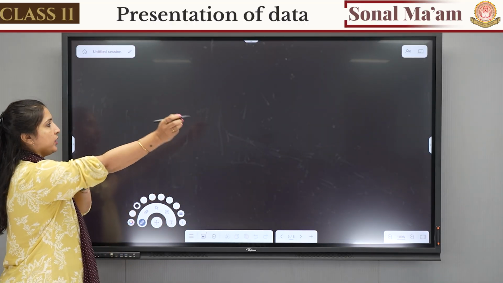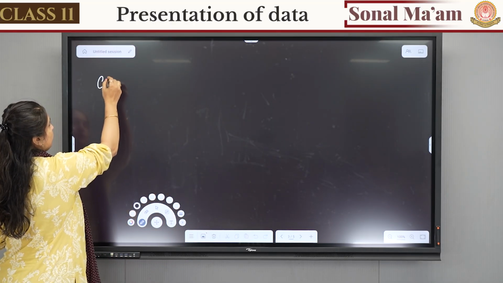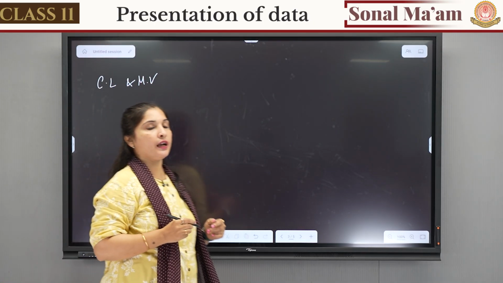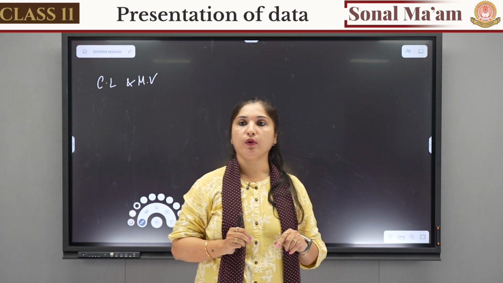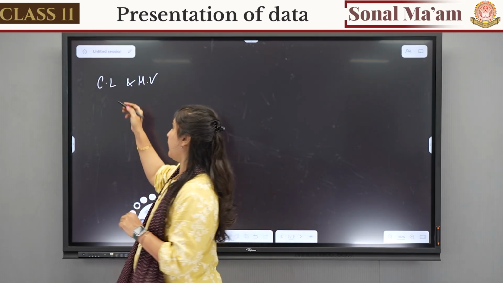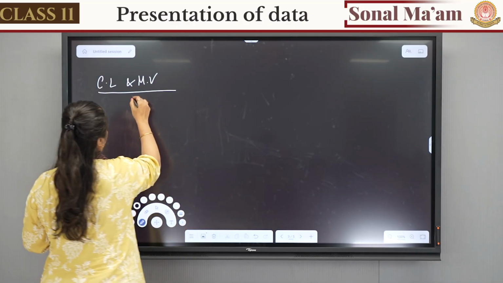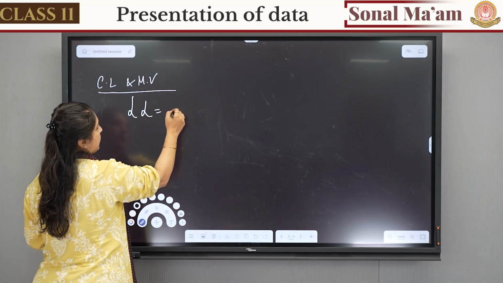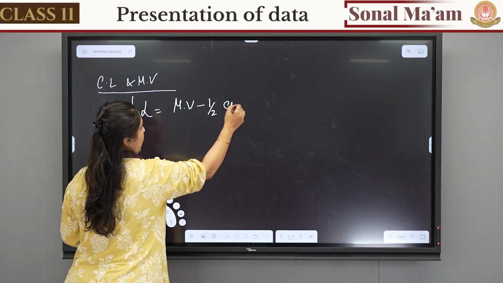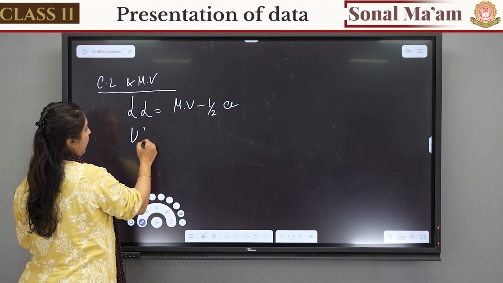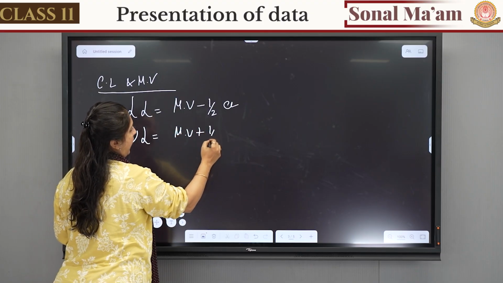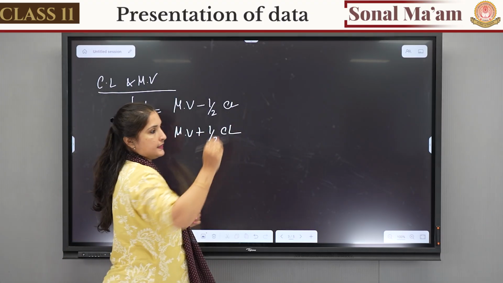Now what you will do is, if class length and mid values are given to you, there is a formula for finding the lower limit and the upper limit. The formula for lower limit is mid value minus half class length, and the formula for upper limit is equals to mid value plus half class length.